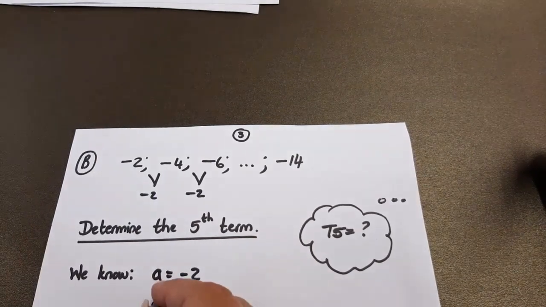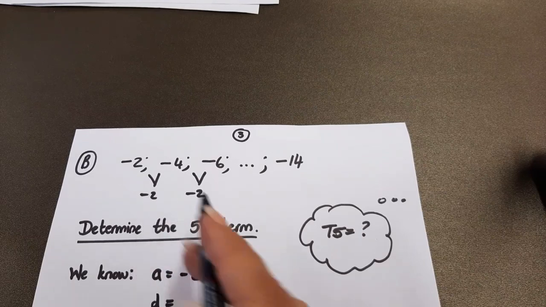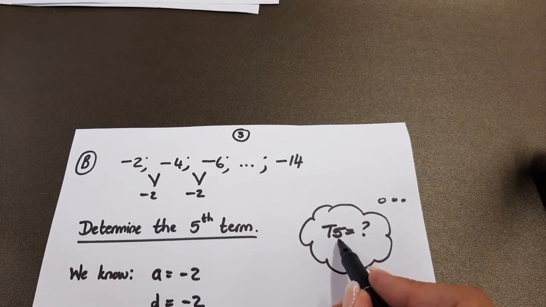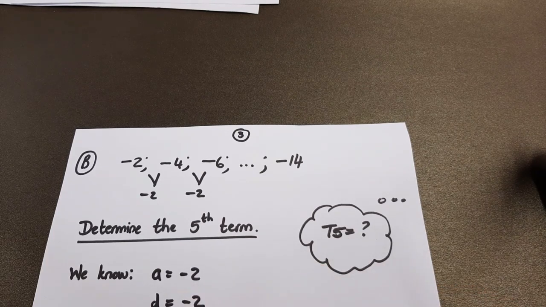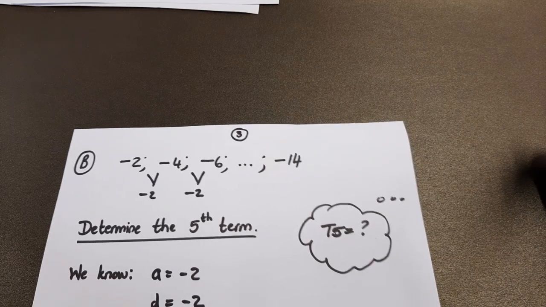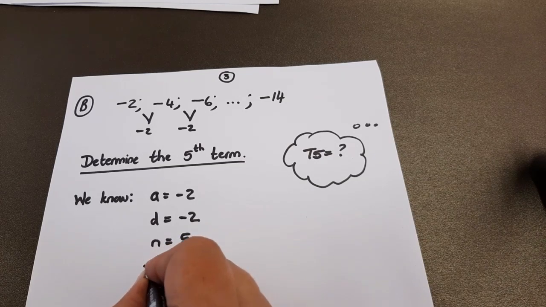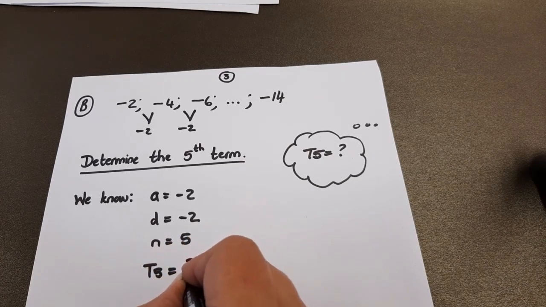We know that D is minus 2. We know that we are working with 5 terms, so n will be 5. And we want to work out term 5.